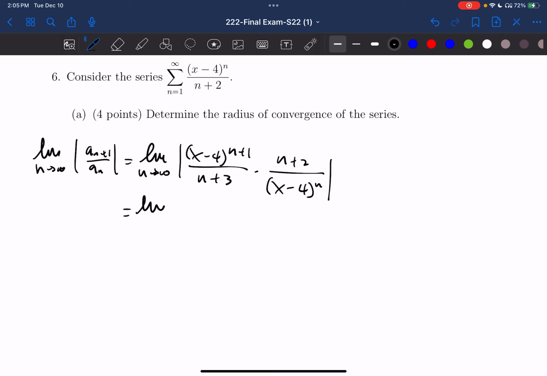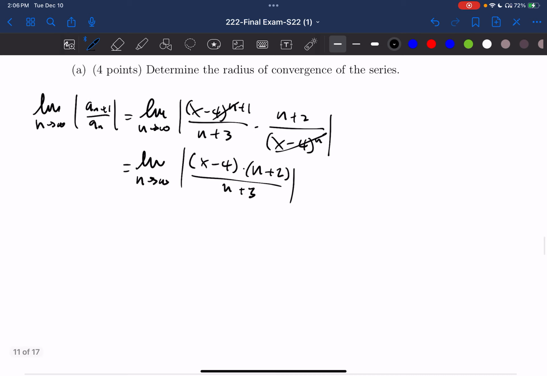This will be equal to the limit as n goes to infinity. This term and this term will cancel, leaving us with x minus 4 on top times n plus 2 all divided by n plus 3. Bring the constant in front, this is going to be equal to the absolute value of x minus 4 times the limit as n goes to infinity of n plus 2 over n plus 3.